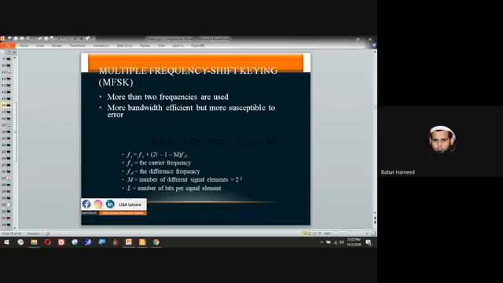And what is this f_d? f_d is basically the difference frequency, the difference between the original carrier frequency and the current frequency being used for a particular symbol or particular signal.